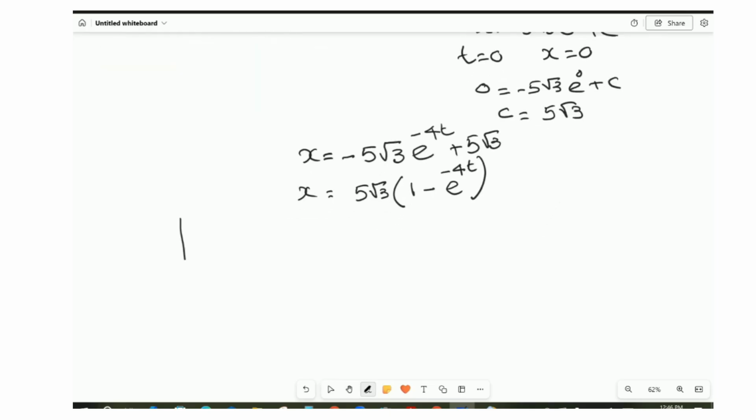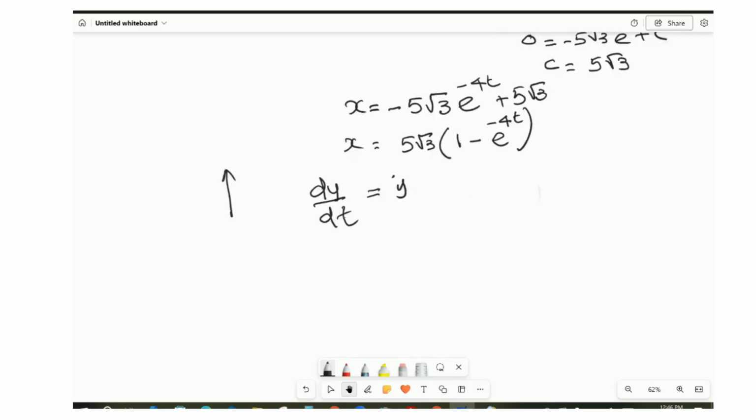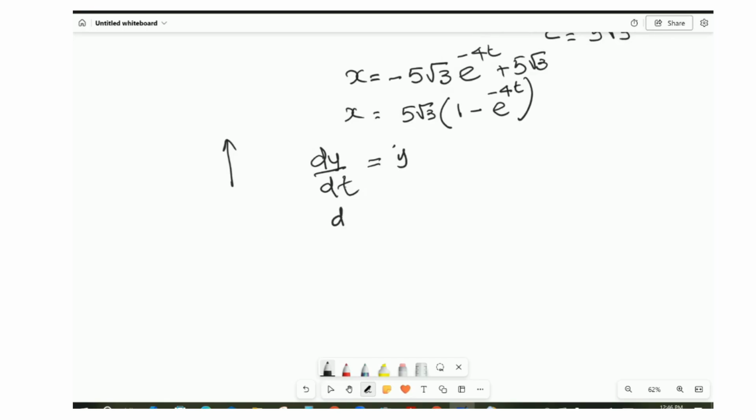Then along the y direction, dy over dt, we have found that it is equal to y dot, that is dy over dt is equal to 45 divided by 2 e to the power minus 4t minus 5 over 2.